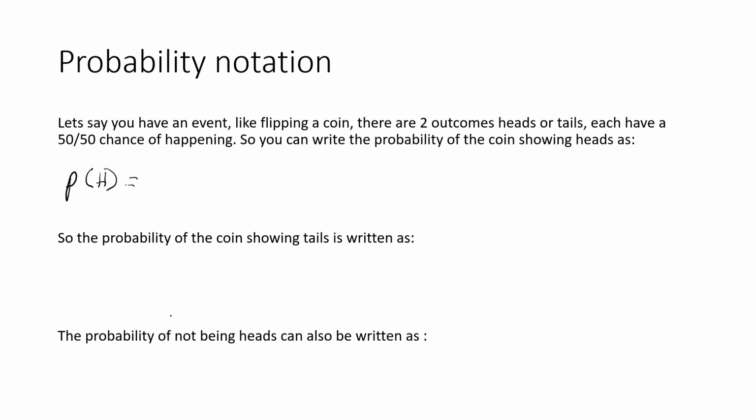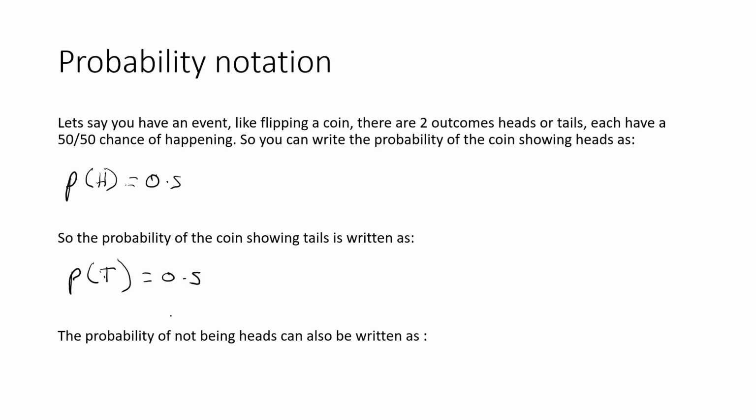And then you would equal, not 50%, but 0.5. In stats, you don't write probability in percentage, you'd write it in decimals. Similarly, if you want to write a probability of tails, you do P, T, or tails equals 0.5.